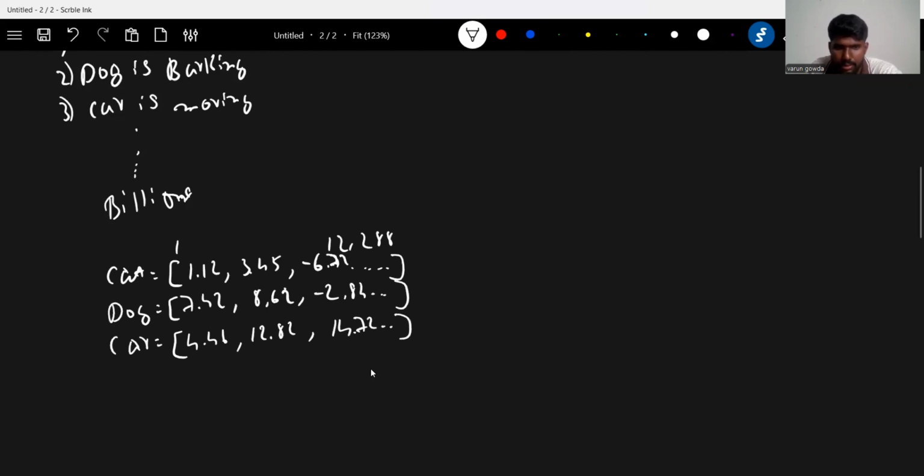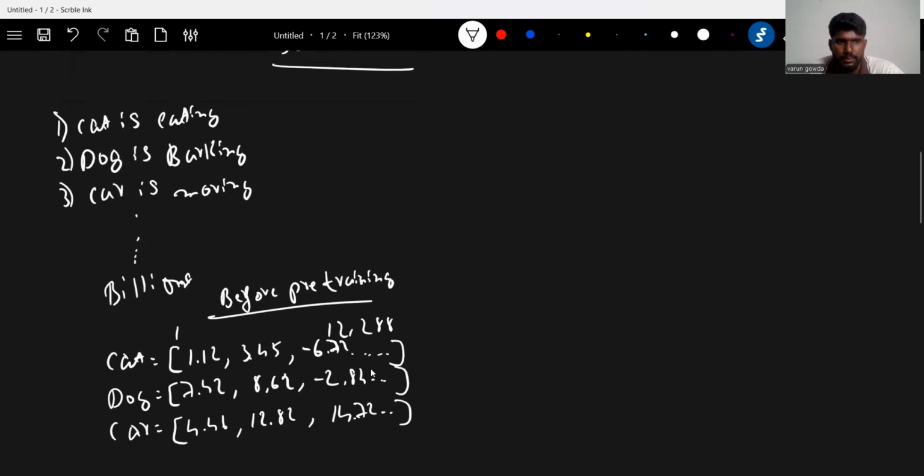We are representing only three numbers here, but it will have 12,288 numbers. We can't write all these numbers here, so I'm just writing some initial numbers. These are the numbers before pre-training happened.